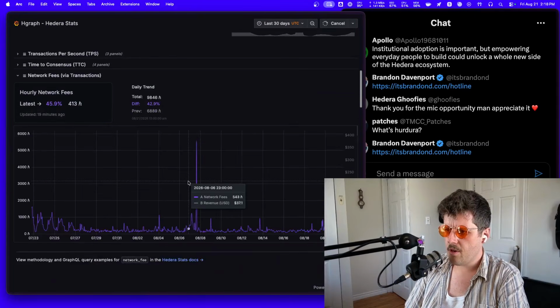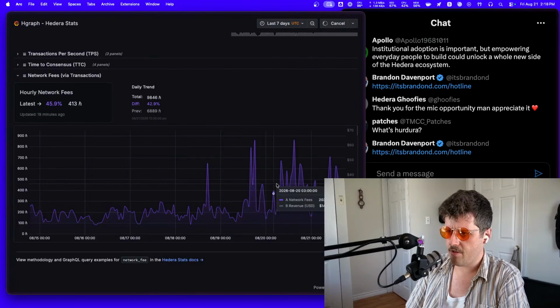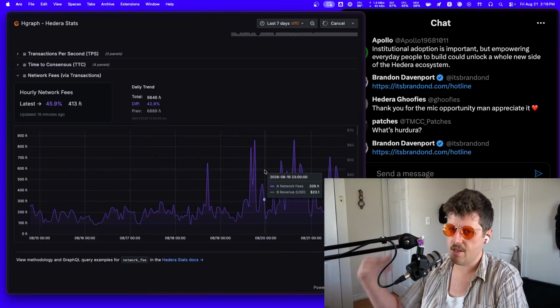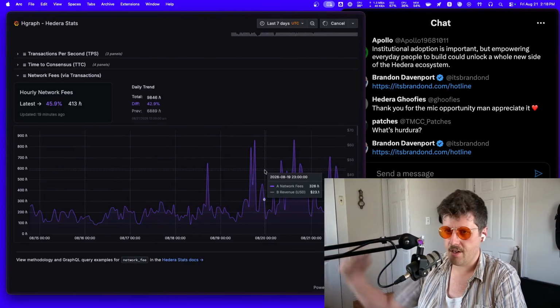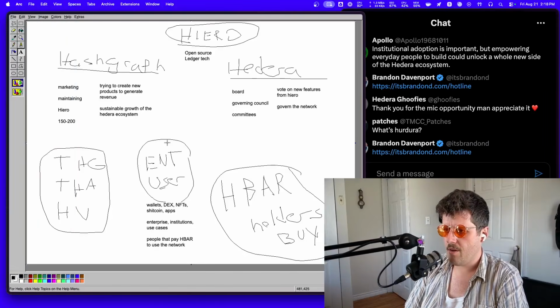Network fees are the fees generated by people paying for transactions on the network. This revenue goes back into the Hedera treasury, and that's what brings sustainability for the network.